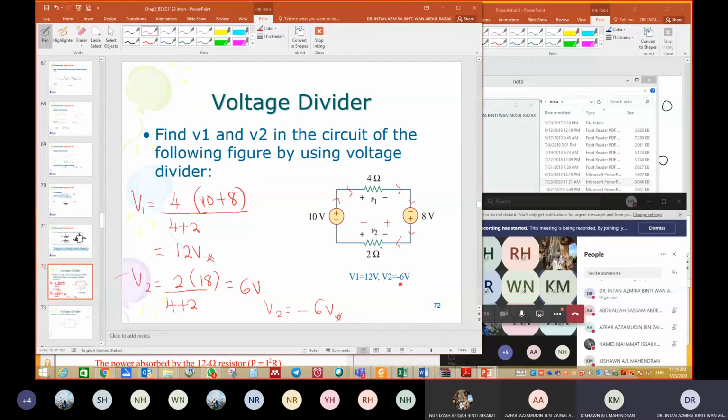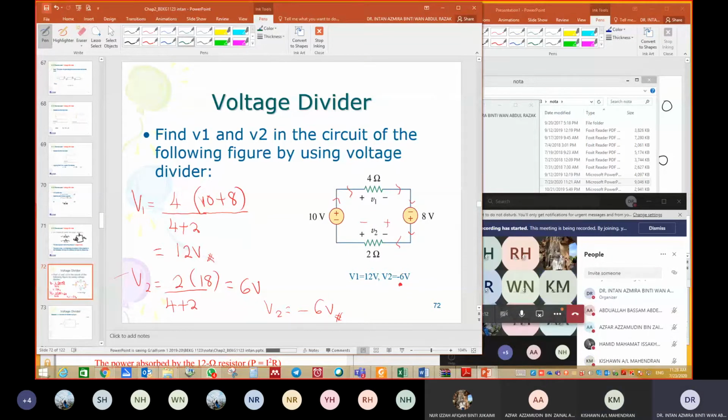When we refer to this notation of V2, the current should flow like this. That's why this flow of current is the minus of that flow of current, so we put minus. Can you understand or not? Understand, madam. Okay, good.